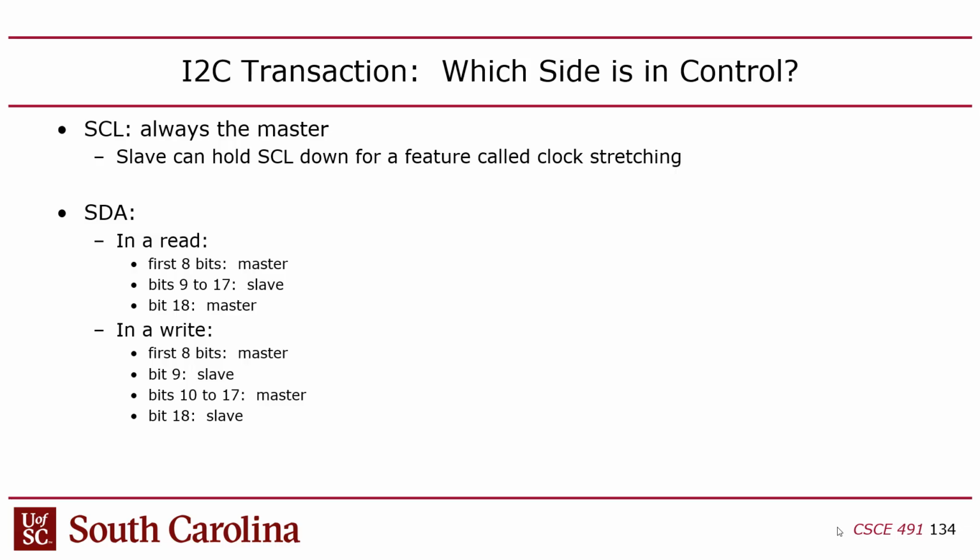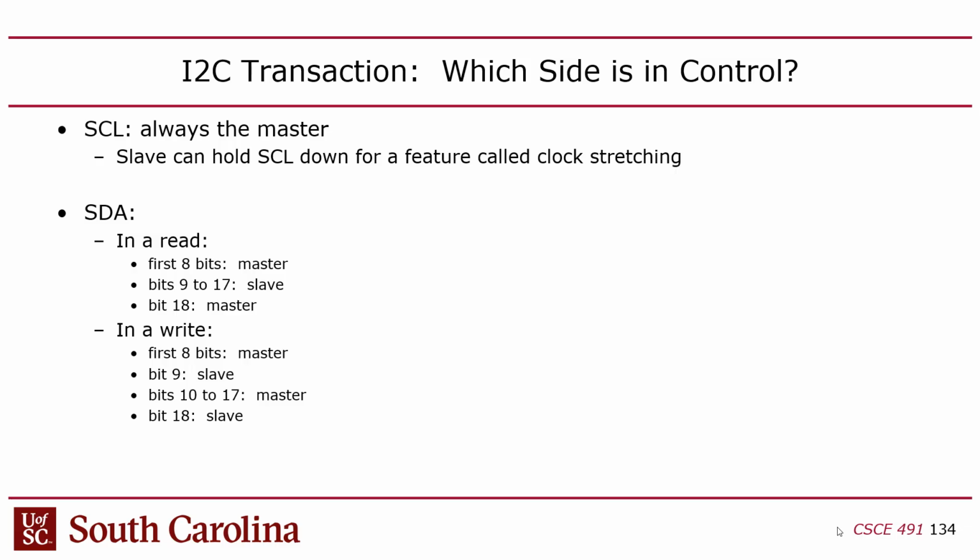Yeah, 9 to 17 is the slave. This is for a read, right? So if you do a read, the slave does the acknowledgement, and then it keeps control of the data to send both the acknowledgement and the data back, and then the master takes over again at bit 18 for its acknowledgement.